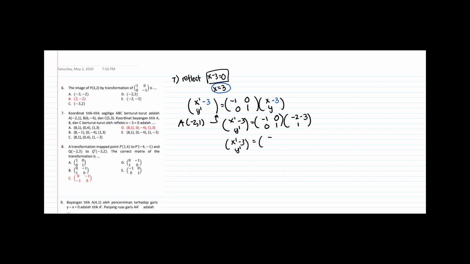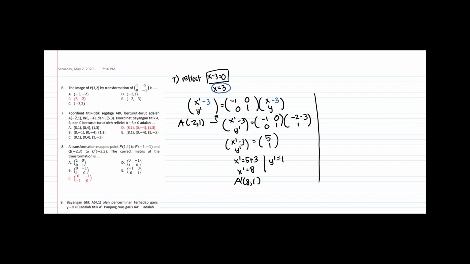Equals to negative 1 times negative 5 equals 5. This is 5 and the bottom is 1. Okay, 5, 1. So the x accent will be 5 plus 3. X accent equals 8 and then the y accent is still 1. Okay, so A accent is (8, 1).